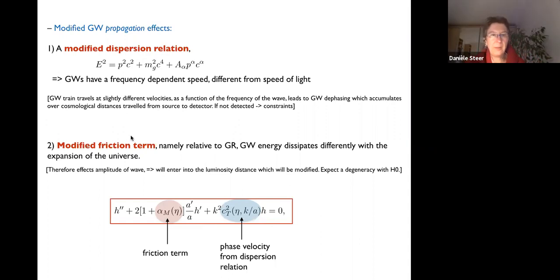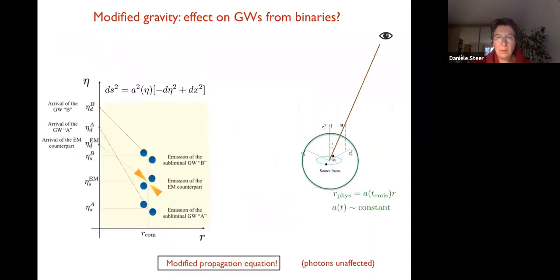So if I want to consider these two effects, I have a modified friction term, and I have a phase velocity which differs, it depends on the frequency, from the dispersion relation here. So those are the two effects which I want to consider when propagating the local solution to the observer at a large distance.